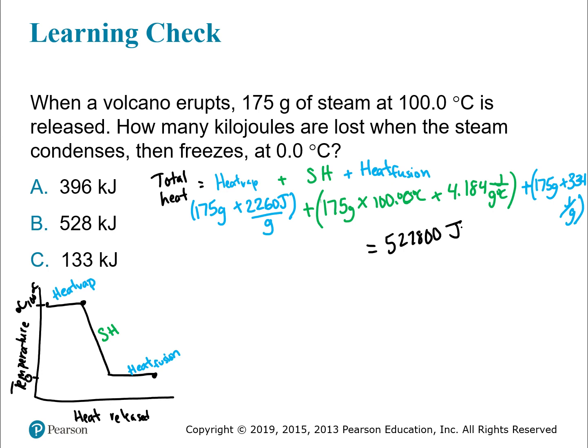Notice that there are two placeholder zeros there. But we have to look back at the question again. The question is asking about kilojoules. So that means that you have to divide by 1,000.